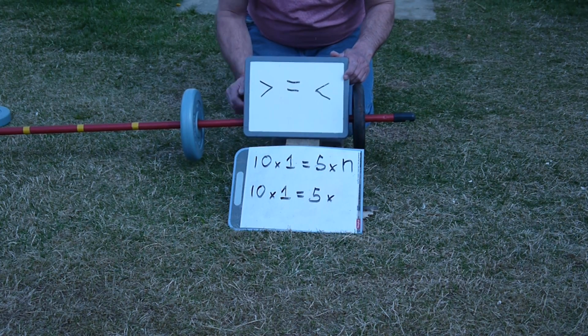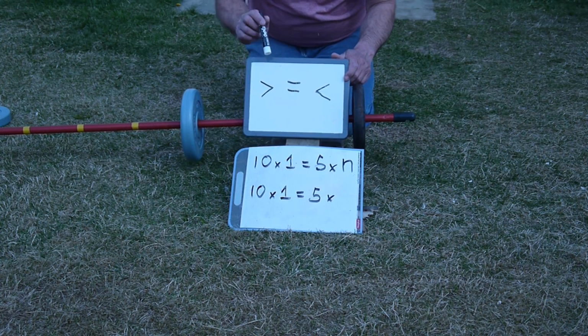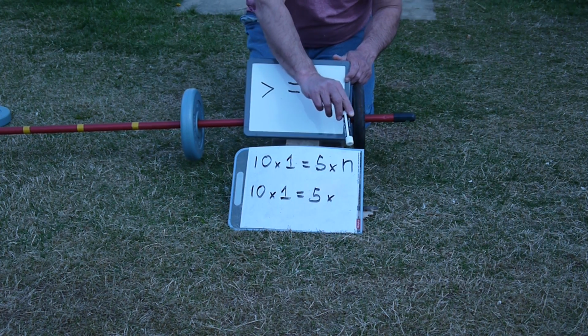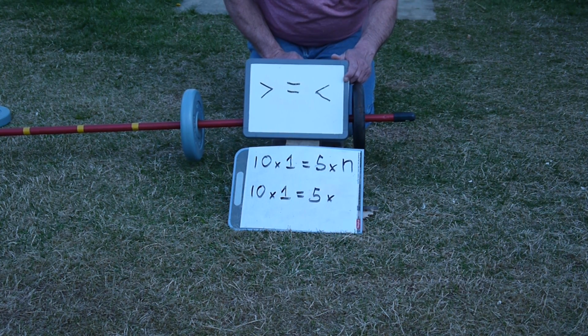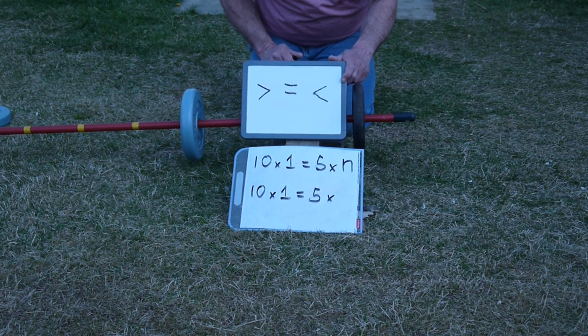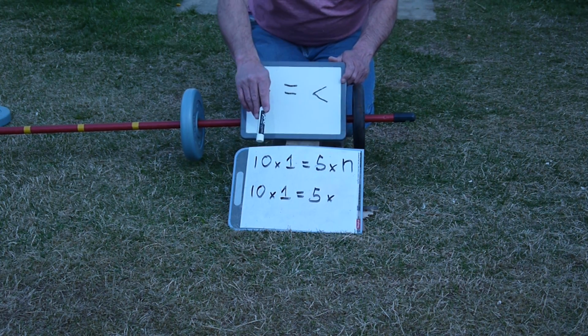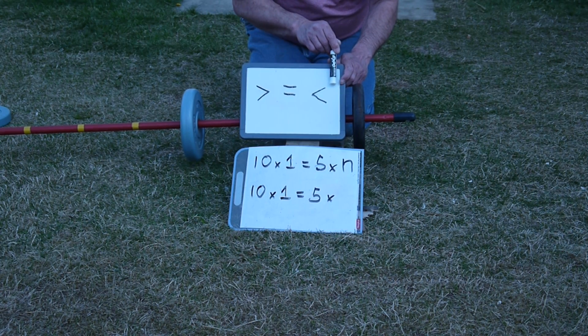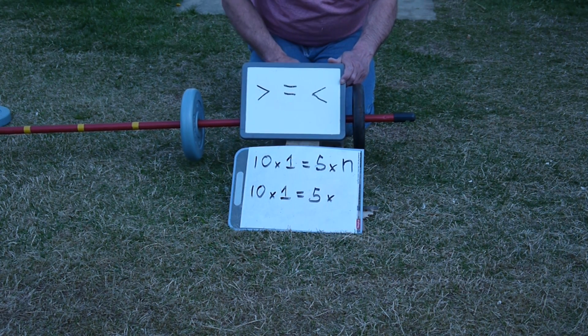So if I use these symbols, I would see that my 5 would be here, my 10 would be there, the system would not balance. If I try 3 times 5, that's 15. On this side, I've got 10, 15 here, 10 there. 15 is greater than 10, the system will not balance.